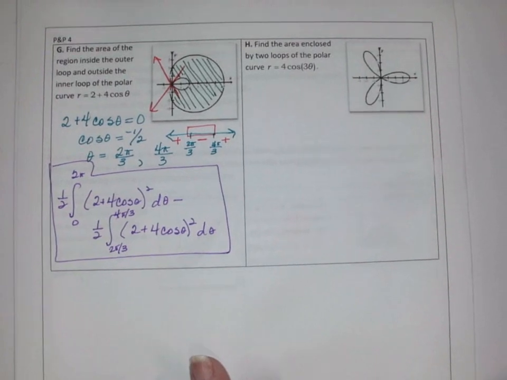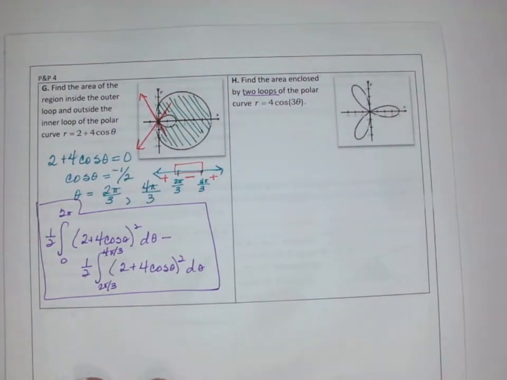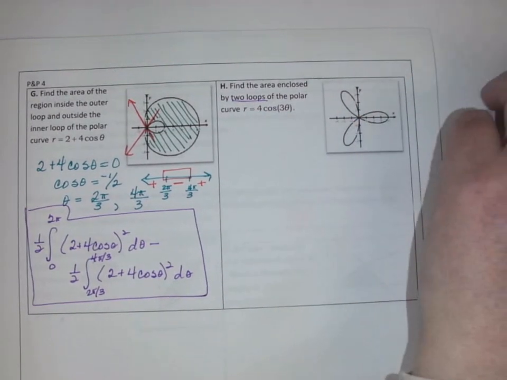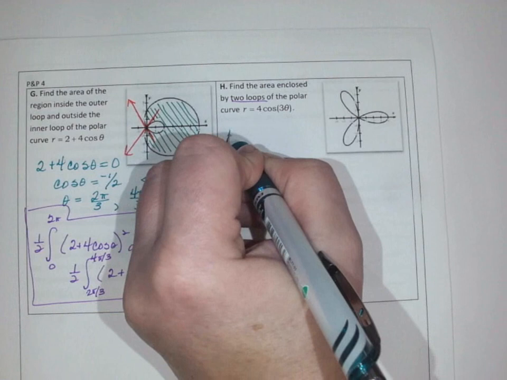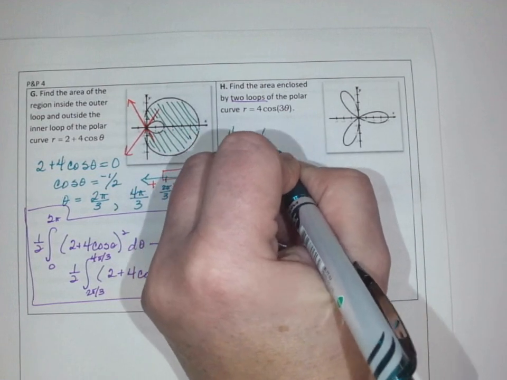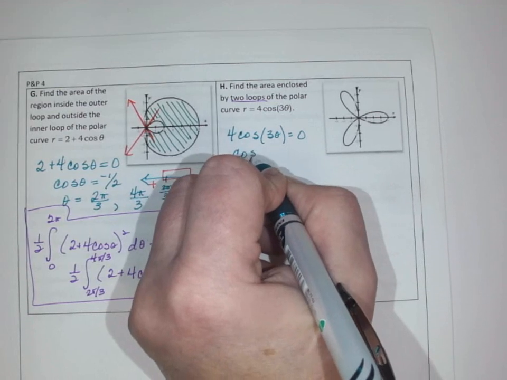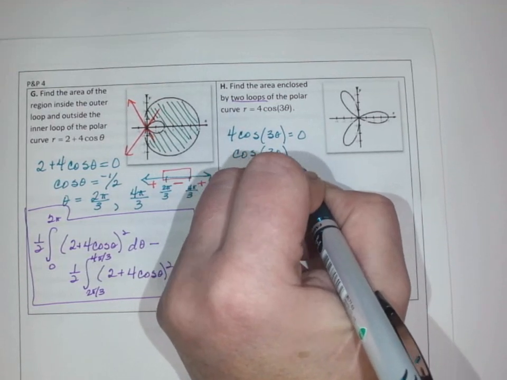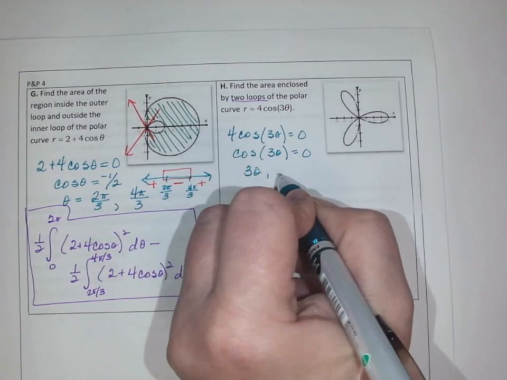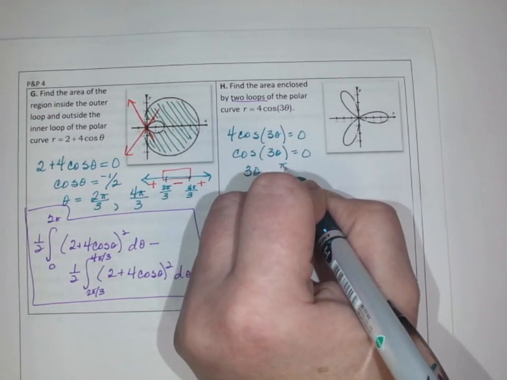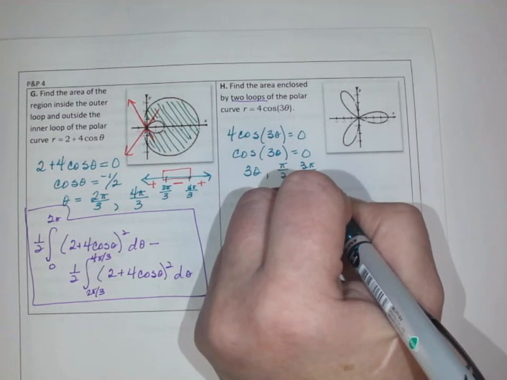All right, last one, we want to find the area enclosed by 2 loops of the polar curve. So we're going to find one loop and then just double it. If we've got 4 cosine 3 theta, we want 4 cosine 3 theta equal to 0. So cosine of 3 theta is equal to 0. 3 theta, I feel like we've done this already, is equal to pi over 2 and 3 pi over 2.